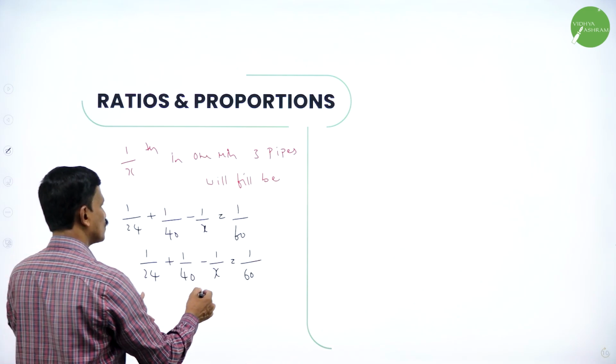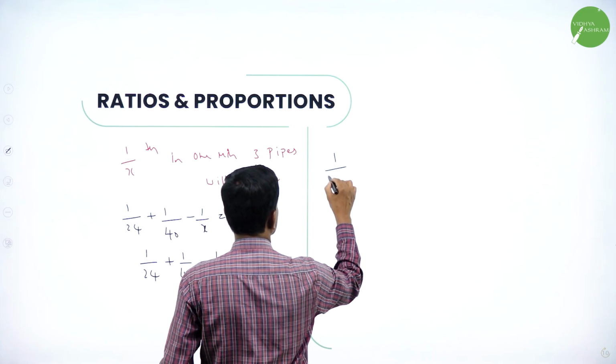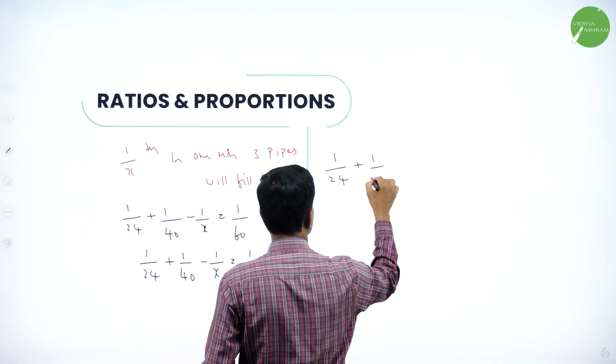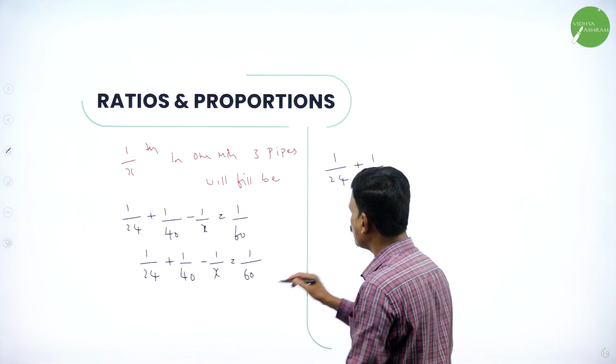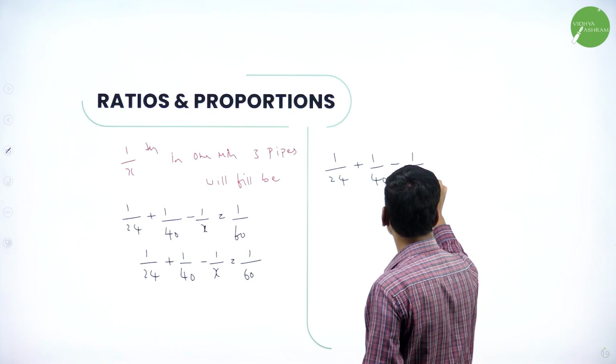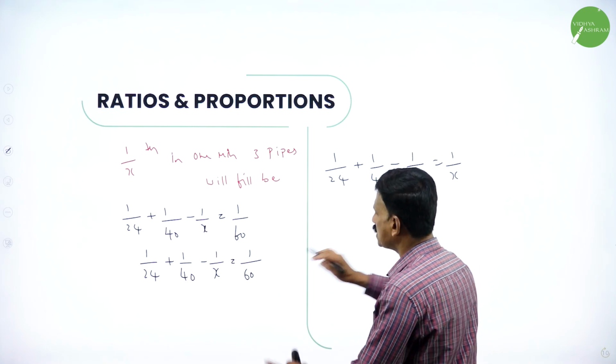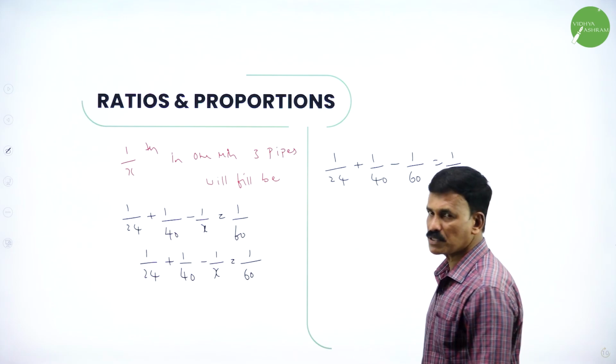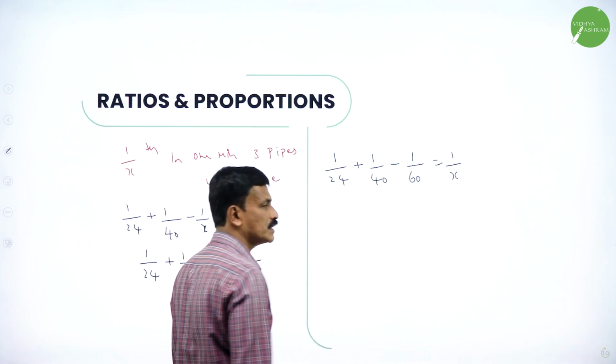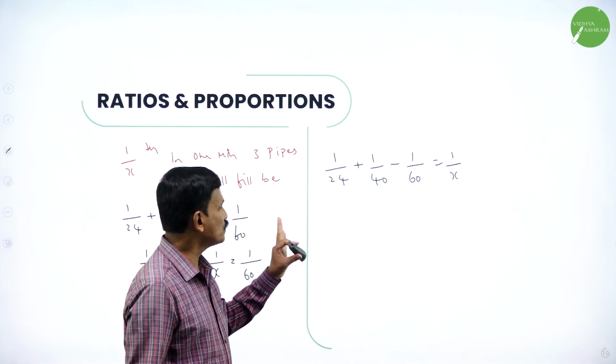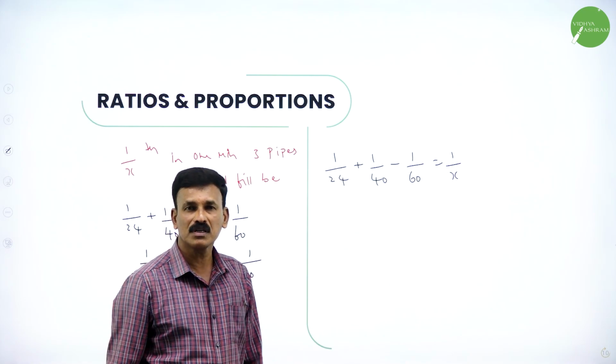What is required is to find 1 over x. So transfer 1 by 60 to the left hand side, it becomes minus 1 by 60, and minus 1 by x becomes plus 1 by x. Take the LCM of 24, 40 and 60 and simplify.